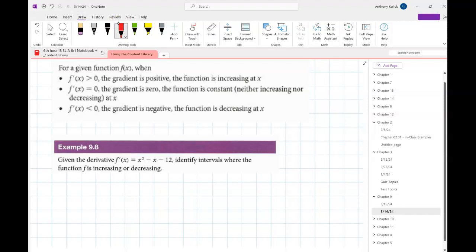To do that, we need to find where the derivative is positive and where it's negative. Would you agree? What's going to be the easiest way to do this? Easier than that. Graph it on your calculator.